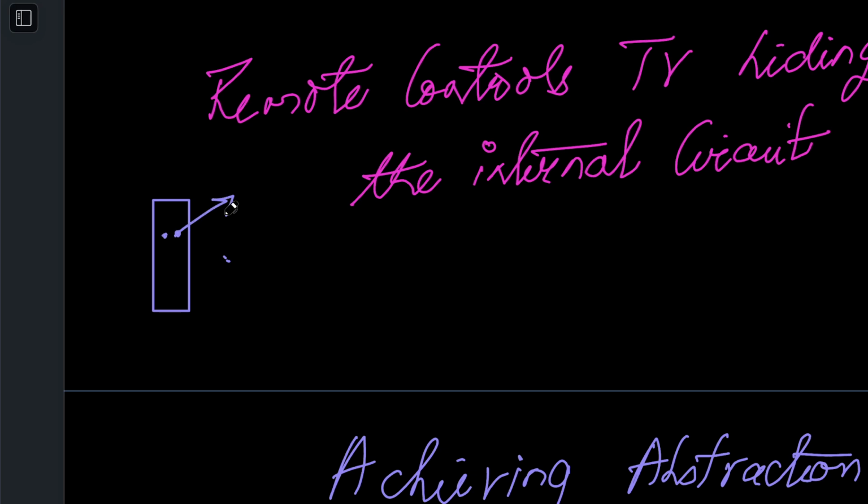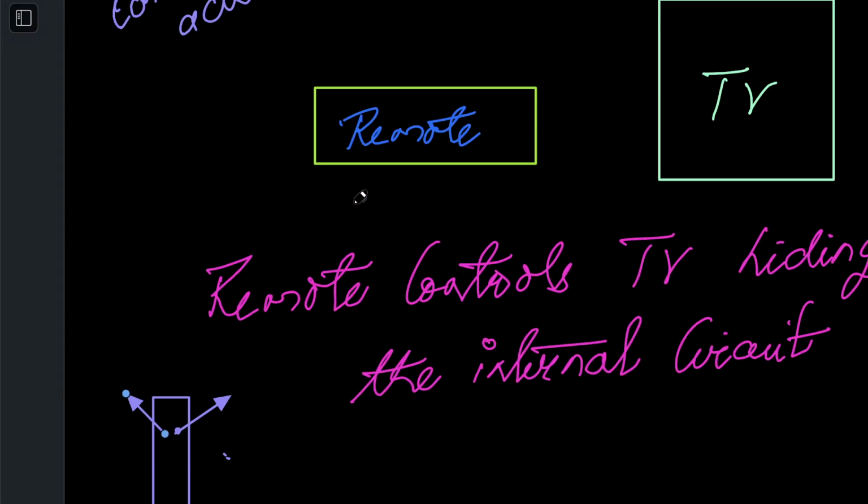Using the buttons you can perform the necessary functions. How that is getting performed is not our concern. That is what abstraction is. We expose our methods, but the internal logic of how that method is written is abstracted.